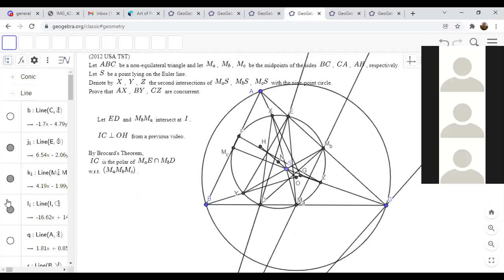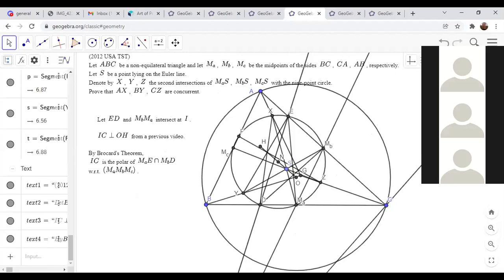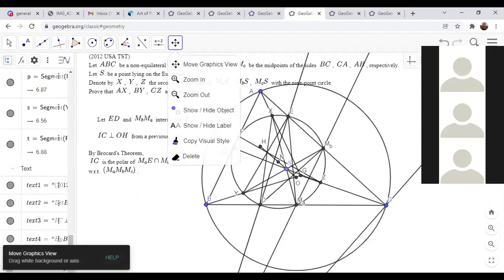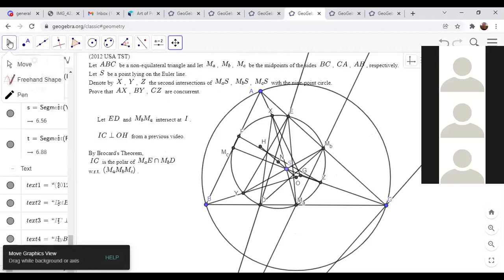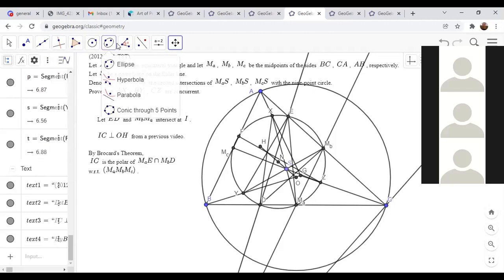But I think if you copy a picture from one file, even if it's not GeoGebra, there should be a way to paste it into GeoGebra.